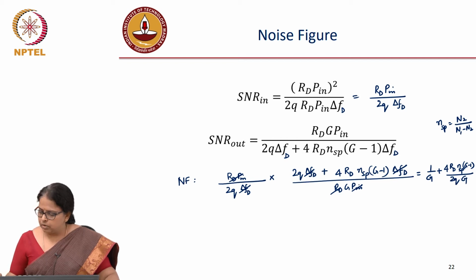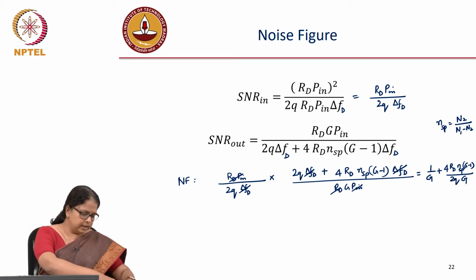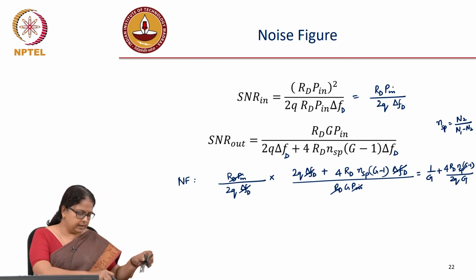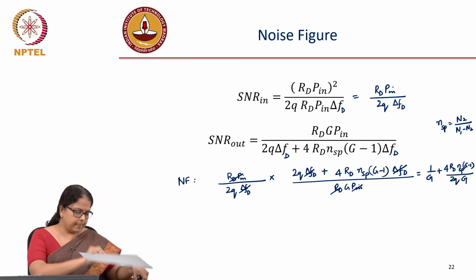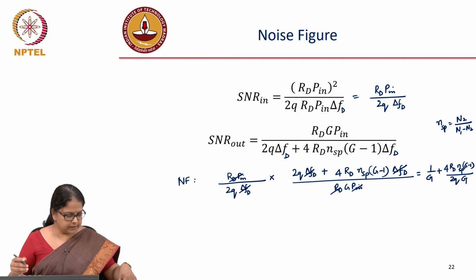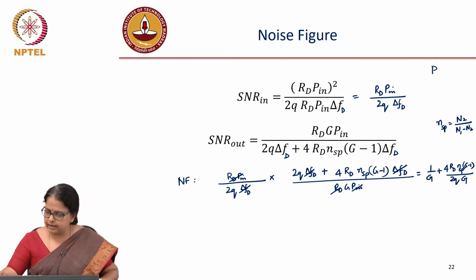Now, earlier if you remember, when we had derived the responsivity of the detector, we had specifically defined quantum efficiency through responsivity as R_D is equal to eta times q divided by h nu.